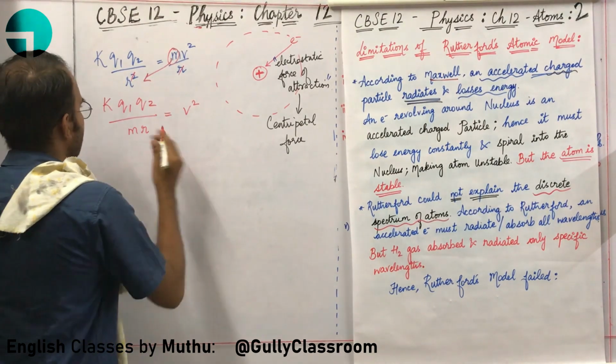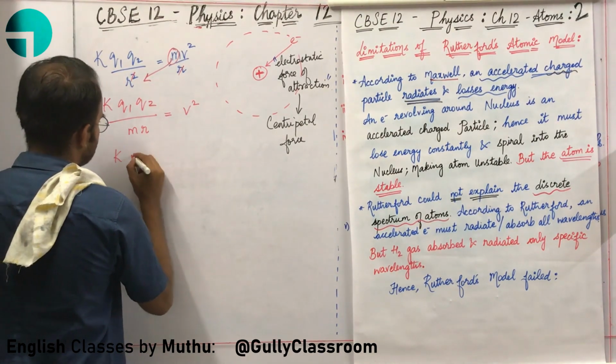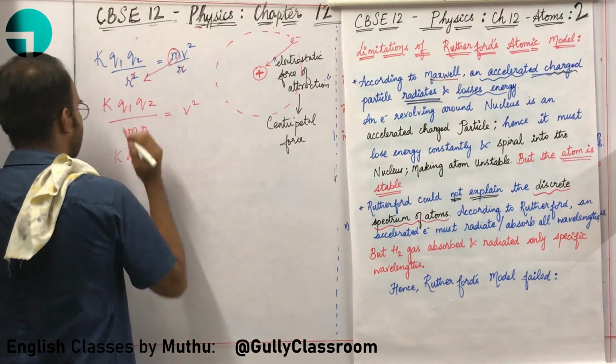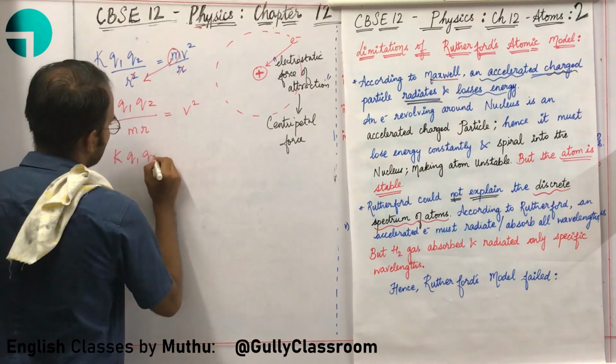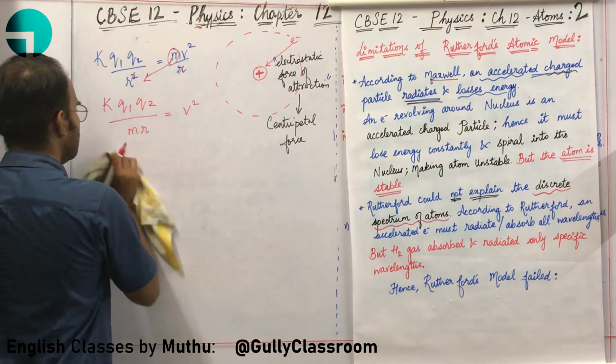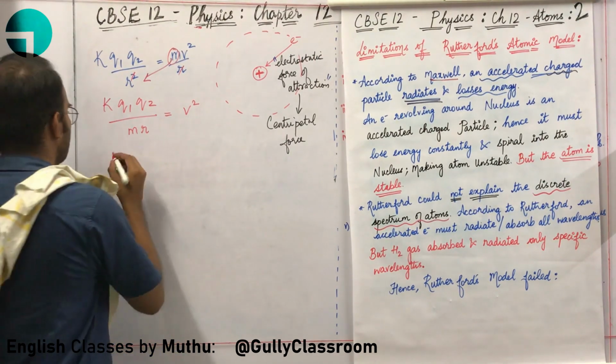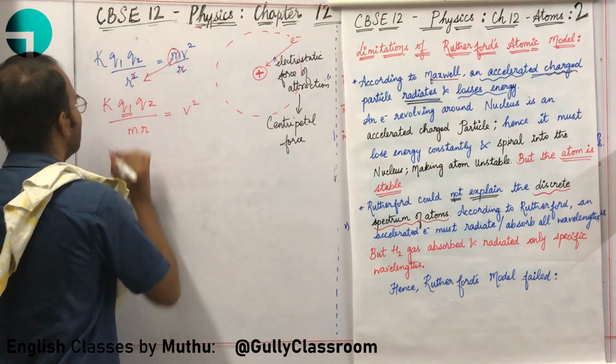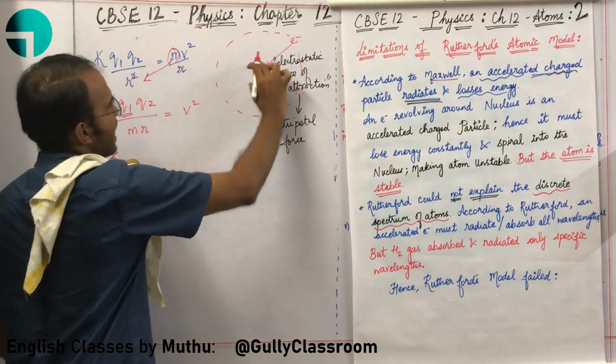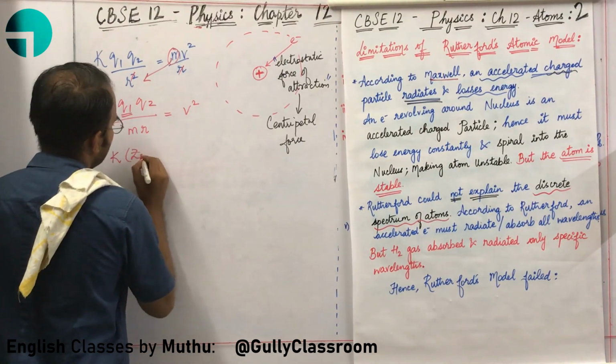What next? I am going to take root on both sides. Let me substitute Q1 and Q2. K into, what is the value of Q1? Q1 is the charge of the nucleus. I am going to put it as Ze.